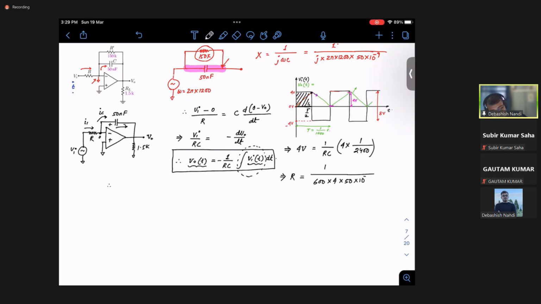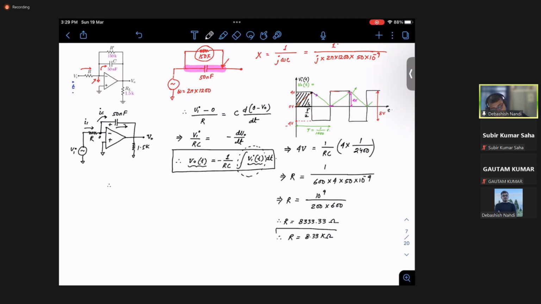Minus 9. So your R would be 10 raised to 9 over 200 into 600. So 10 raised to 9 divided by 200 divided by 600. So your R is coming out to be ohm, right? So that is nothing but 8.33 K.